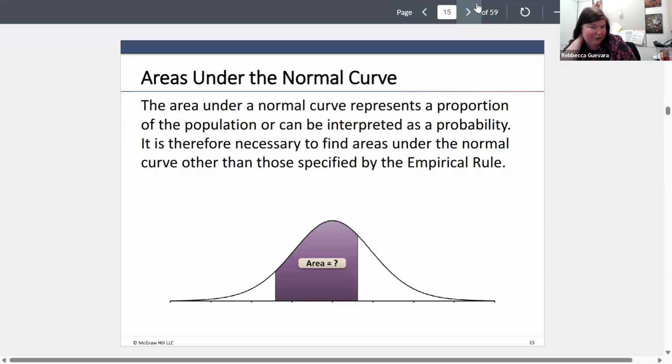The area under a normal curve, just like all the other areas we've been looking at, represents a proportion of the population or can be interpreted as a probability. So probability and proportion are pretty much interchangeable when we're working on this. It is therefore necessary to find areas under the normal curve other than those specified by the empirical rule.